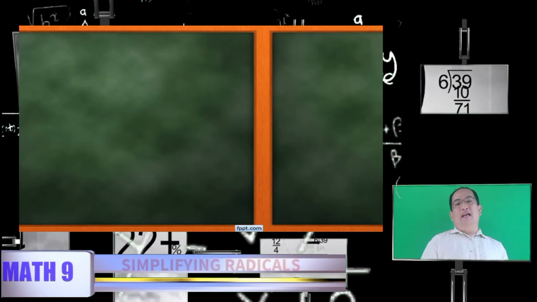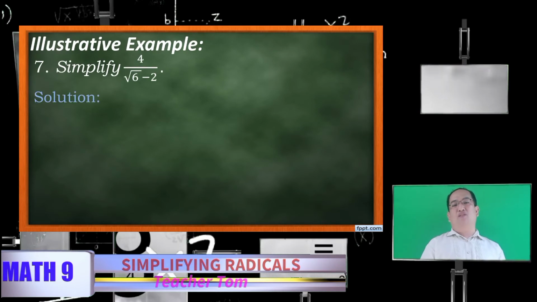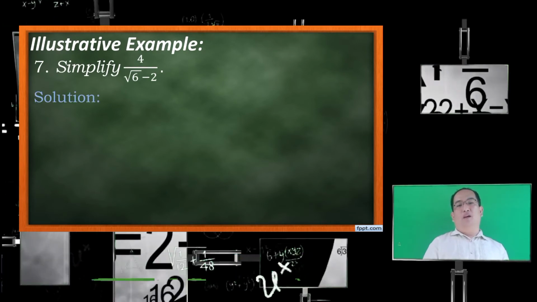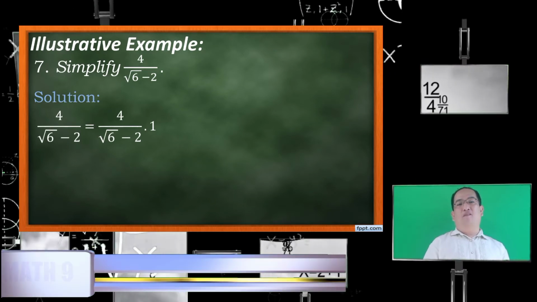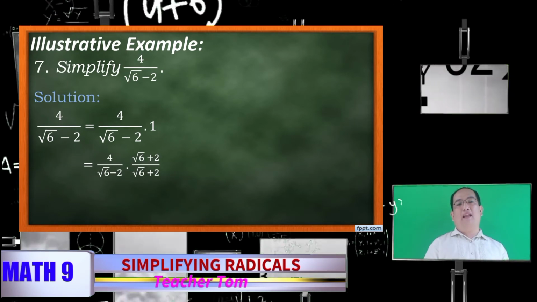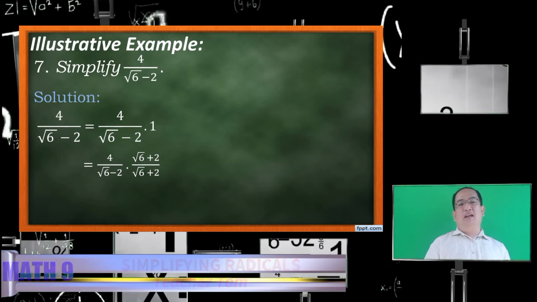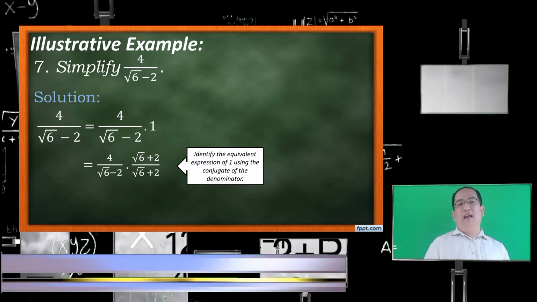And last, simplify 4 all over square root of 6 minus 2. So we can express this as 4 all over square root of 6 minus 2 times 1. Again, determine the equivalent of 1 using the conjugate of the denominator.